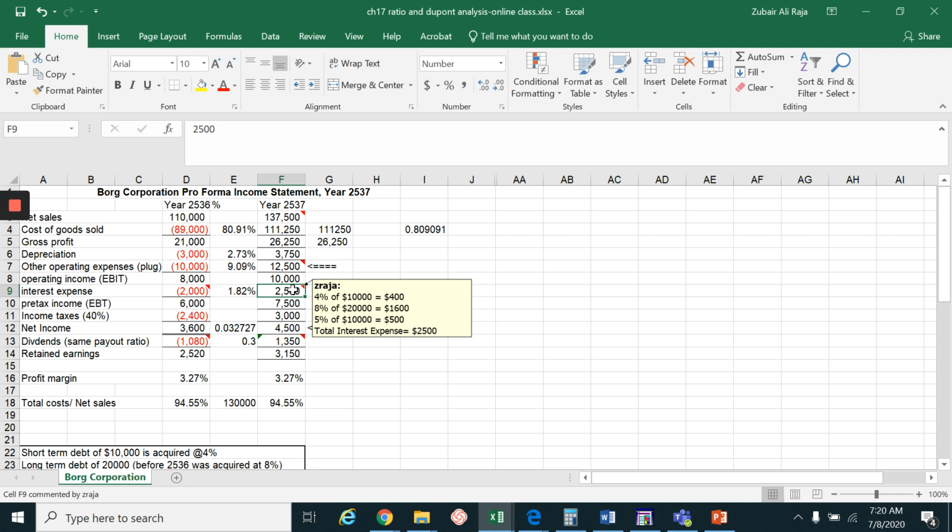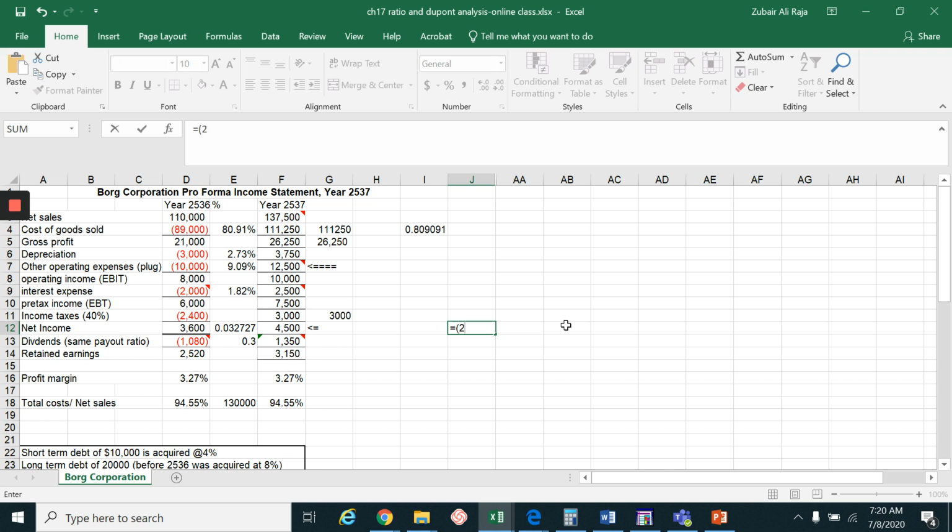So now if you have this 2,500 as an expense, plus the cost of goods sold for 2,537, which we have calculated based on the percentage of sales approach, 111,250, plus the depreciation, which is 3,750, and divide it by the net sales, it will generate a total cost to net sales ratio of this.